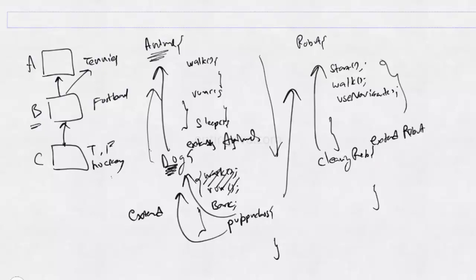And in addition to all these behaviors, cleaning robot can also do the job of cleaning. If you observe one thing, everything in here has an is-a relationship. That means dog is a kind of animal. A puppy is a kind of dog. Similarly, cleaning robot is a kind of robot.